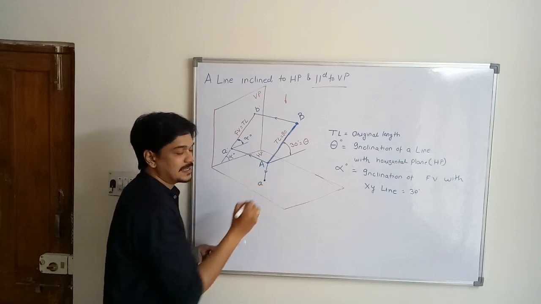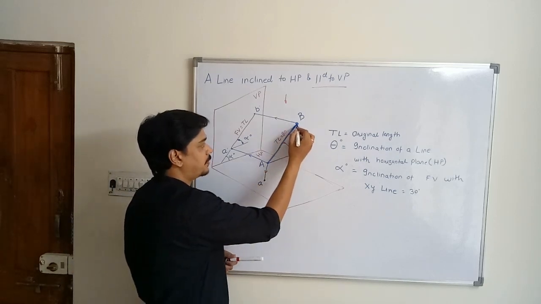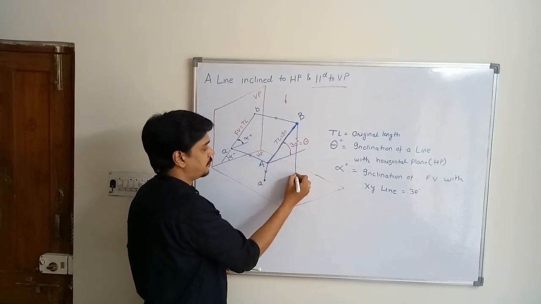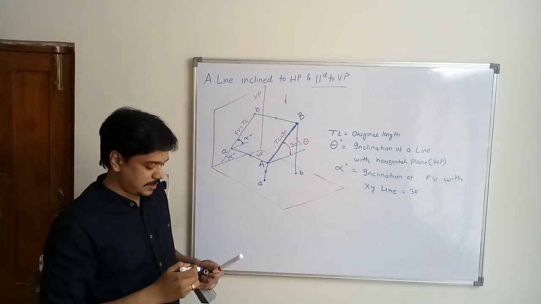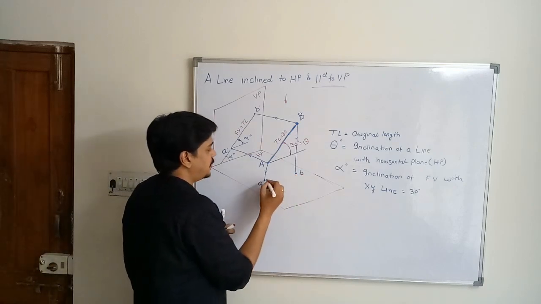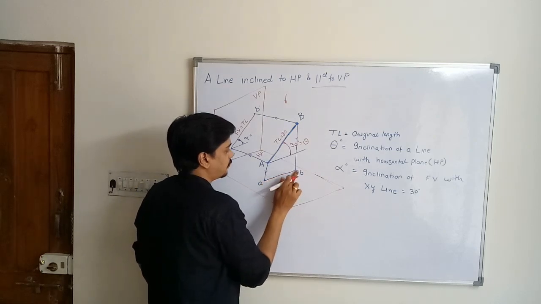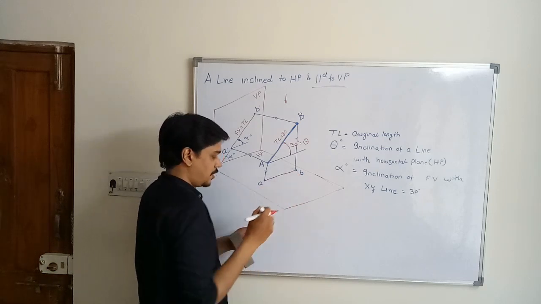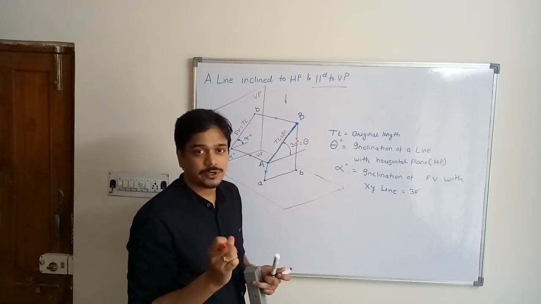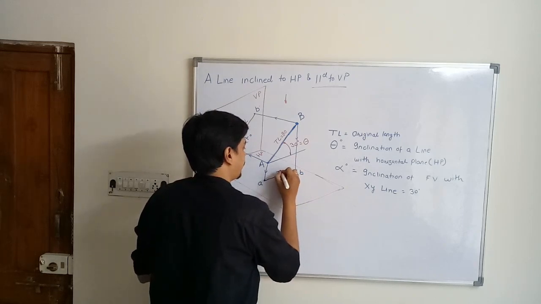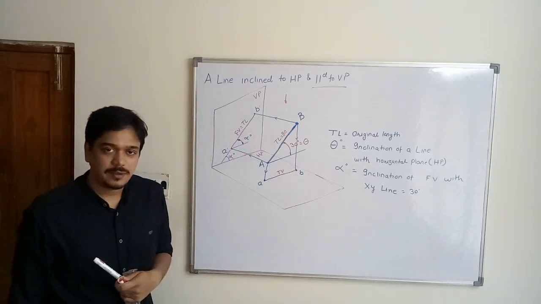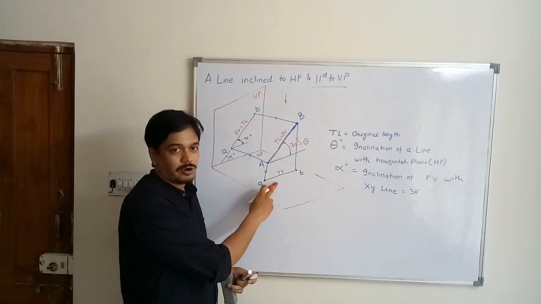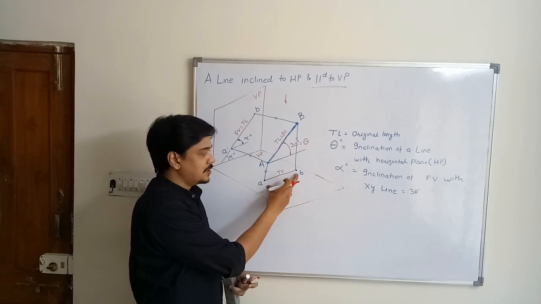So I will name this as A. Similarly, if you obtain projection of point B over here, you will get this point as B. And if you join this A and B, it will give you the top view of a line AB.